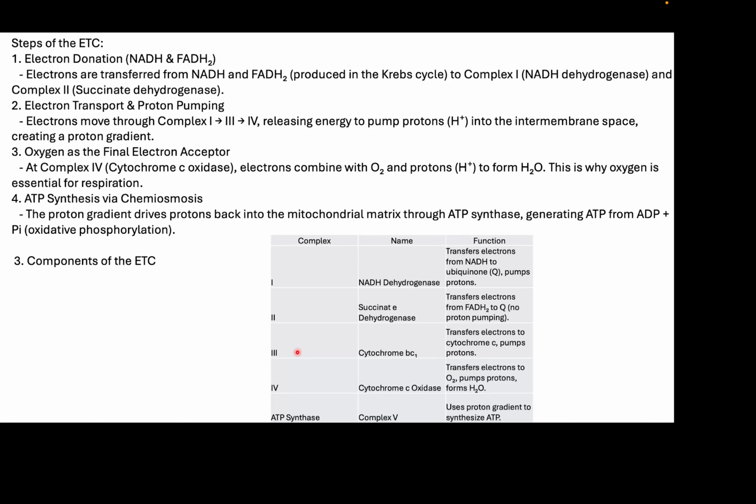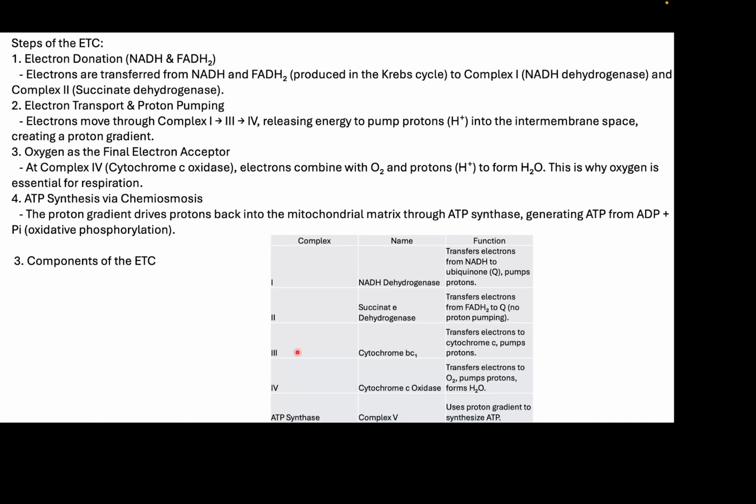Due to the generation of this excess of hydrogen ions or protons in the intermembrane space, this leads to the generation of a potential difference, or say a concentration gradient. This concentration gradient can only be cleared when these hydrogen ions or protons are allowed to come inside the matrix again.